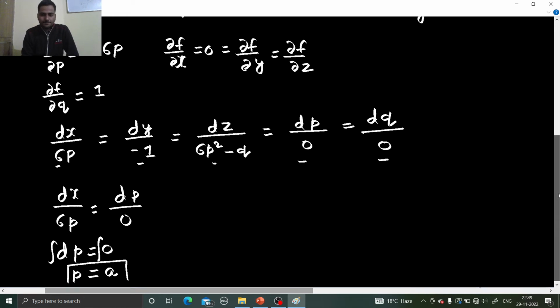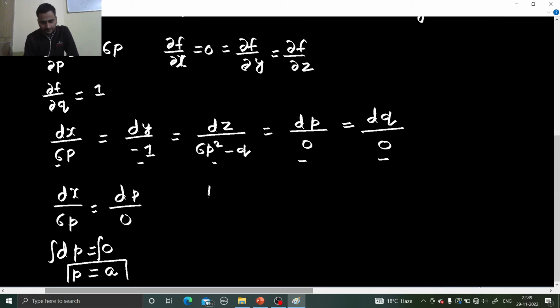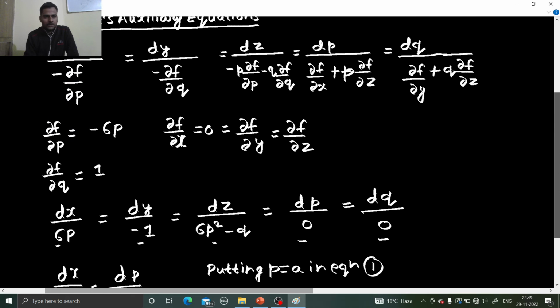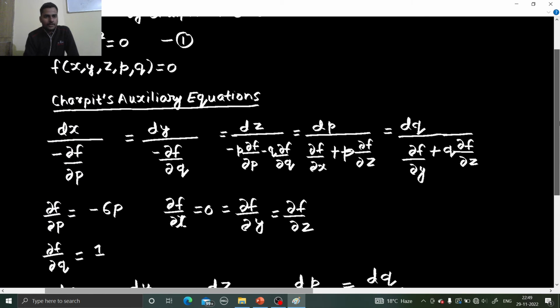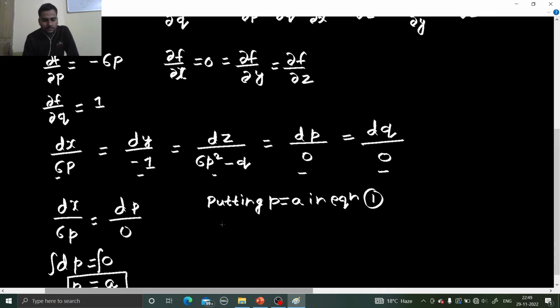Now I will put this p equals to a back in equation 1, which was q minus 3p square equals to 0, so q minus 3a square equals to 0, or your q is 3a square.